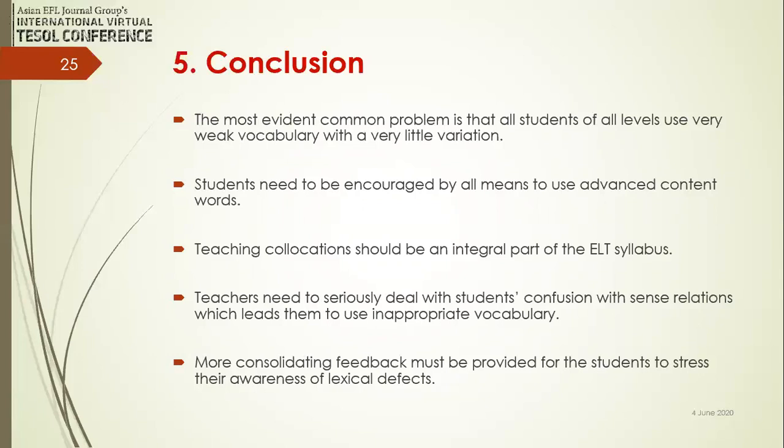What we observe in our textbooks is that the reference to collocation is very marginal and very limited. Although our students are seriously suffering from such problems, teachers need to seriously deal with the students' confusion with sense relations, which leads them to use inappropriate vocabulary.